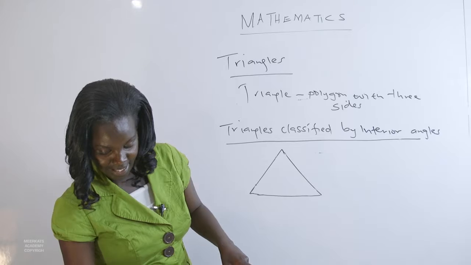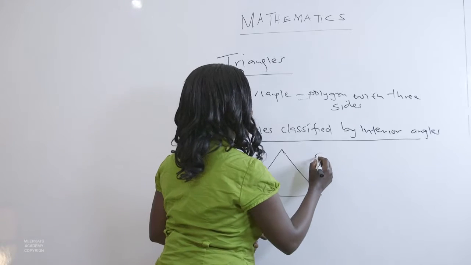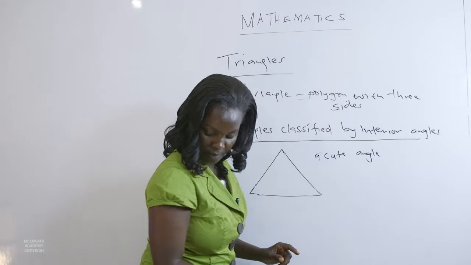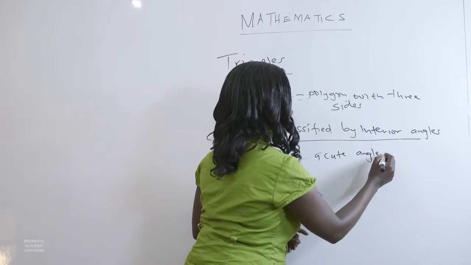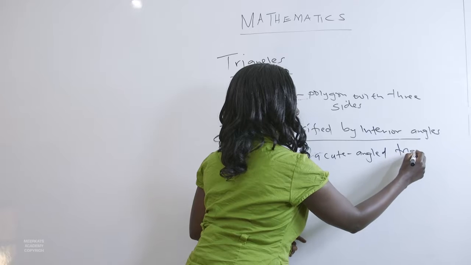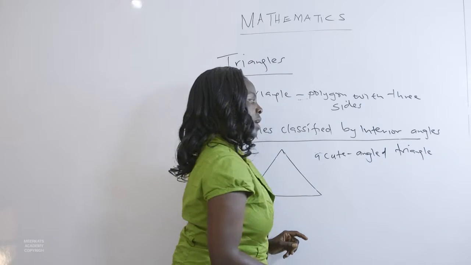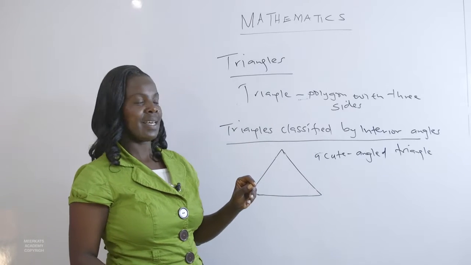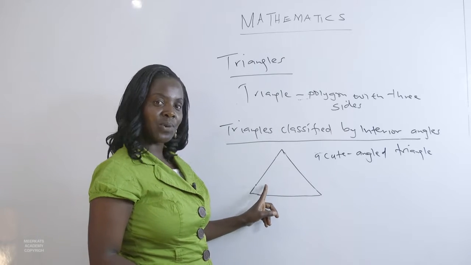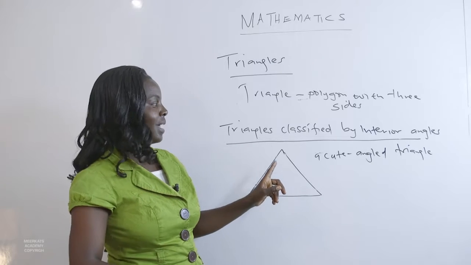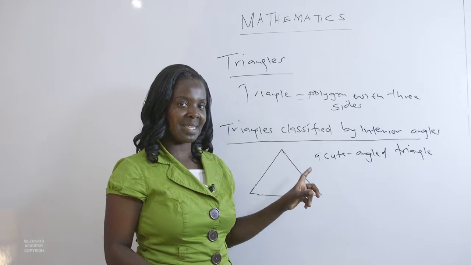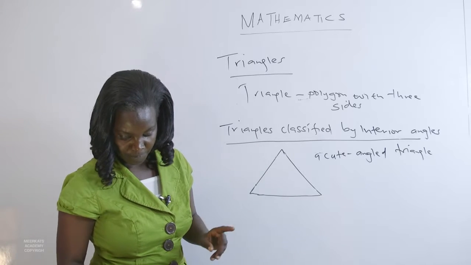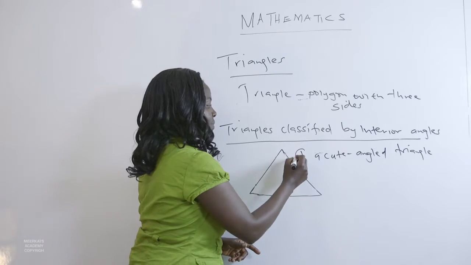If that is the case, then this type of triangle is called an acute angled triangle. In other words, all the angles are acute. We said acute angles mean they are more than 0 degrees, but they are less than 90. So all the 3 angles are acute. So that is the first one.